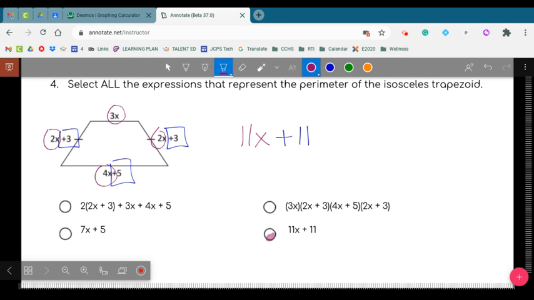So I know I can do 11x plus 11. This one is not going to be an option. This one, they multiplied each of their sides together, which is not what we did. And then this one, they said 2 times 2x plus 3. So it's 2 of the 2x plus 3 sides, which is correct. And they added 3x, which is the other side. And then they added 4x plus 5, which is the other side. So this one is also an option.